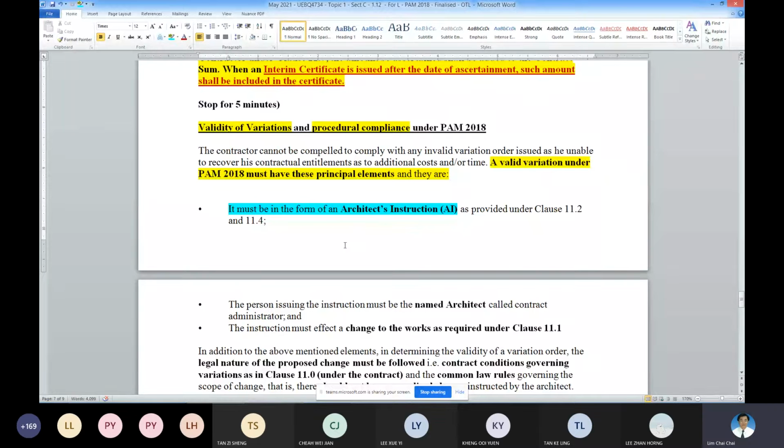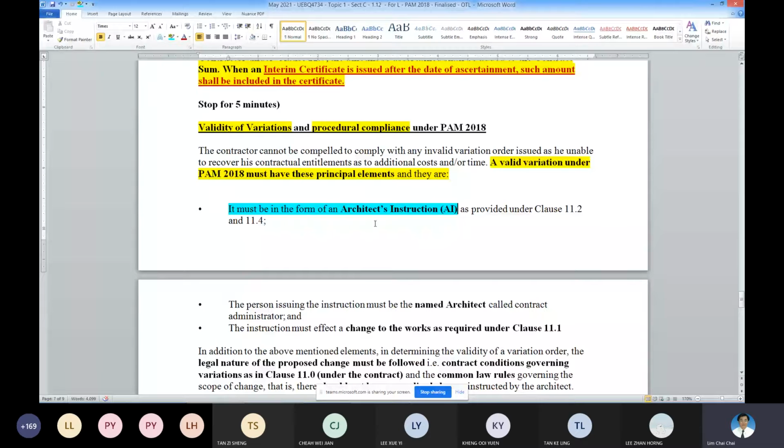If you want to talk about engineers, then possibly you have to go for JKR type of contract. Then the instruction there will be engineer's instruction, no more architect's instruction. So the type of standard form will dictate who can issue the relevant instruction.